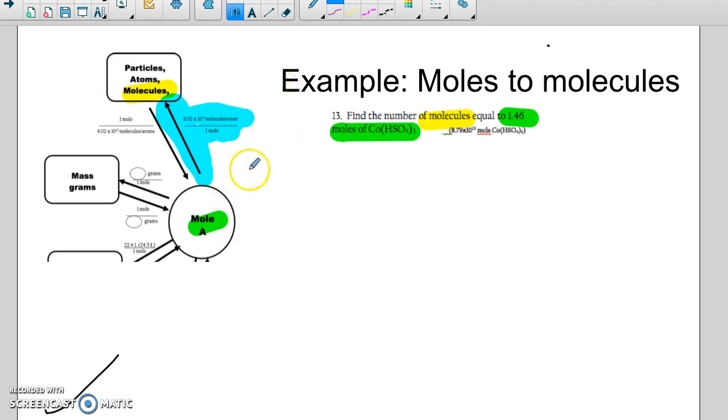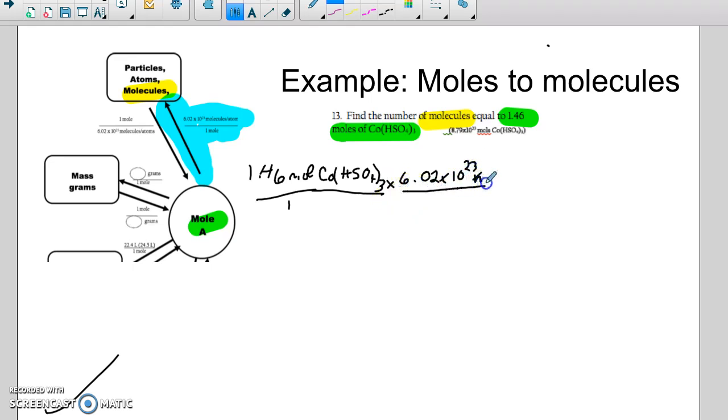Always when I do these problems, I write the beginning number over 1. And I recommend that you keep track of what the compound is, like this. It's not completely necessary, but I recommend that. So now we're going to put this conversion factor in, which is Avogadro's number.